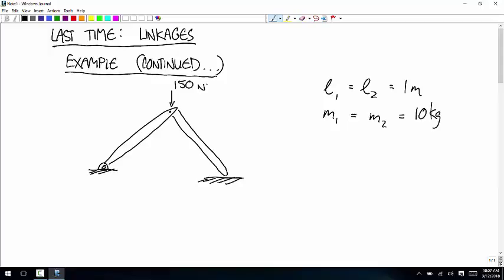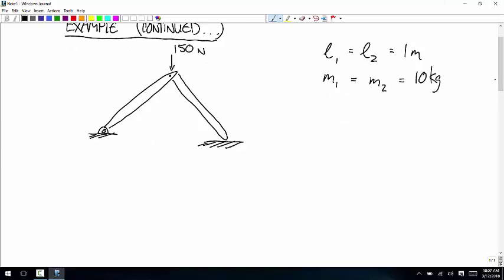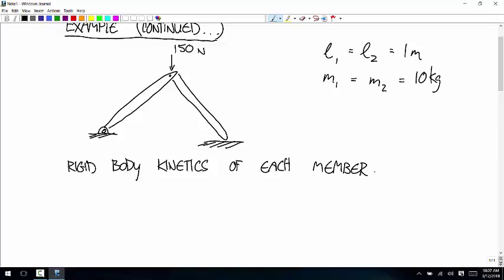Okay, so what we've done so far is, from rigid body kinetics of each member, we got 4 equations.